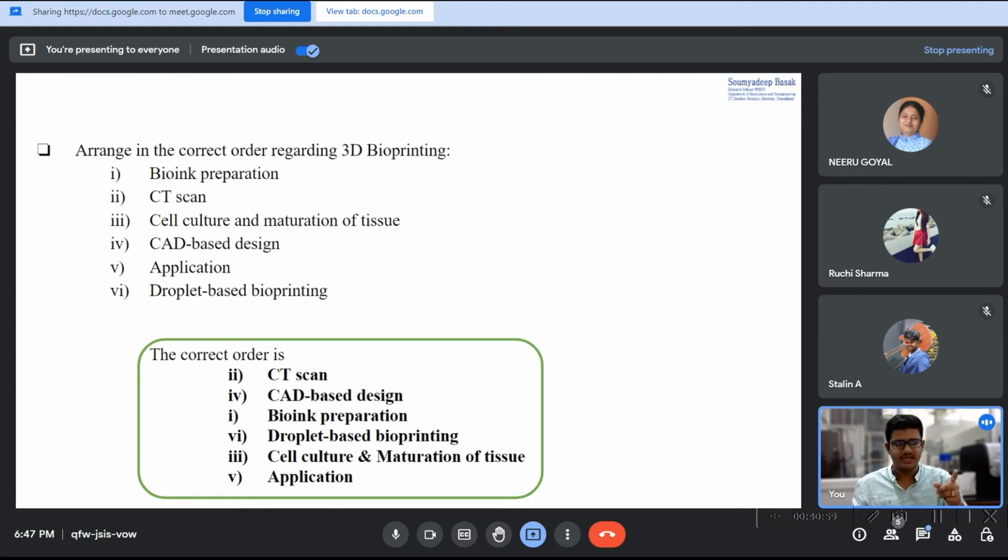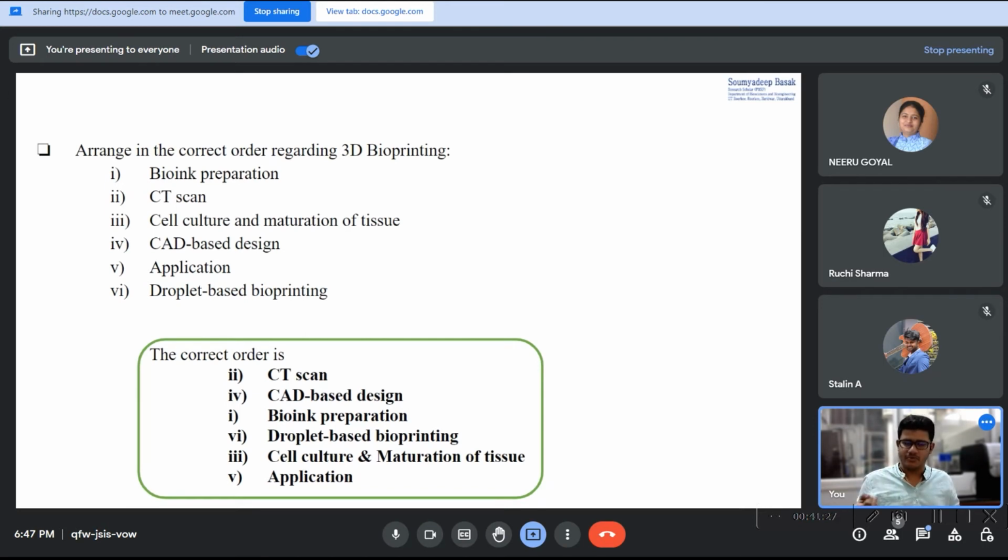For that, we need a CT scan that will give us 3D information of the particular tissue. Then, from that 3D information, we will create a CAD-based model. We bring this scan data into the computer, and then using CAD-based software like AutoCAD or SolidWorks, we will prepare a 3D CAD-based design.